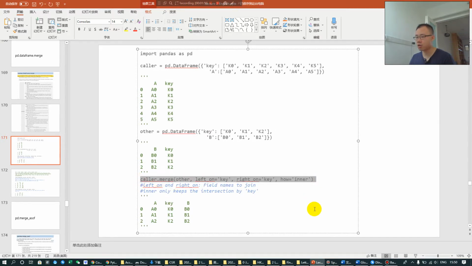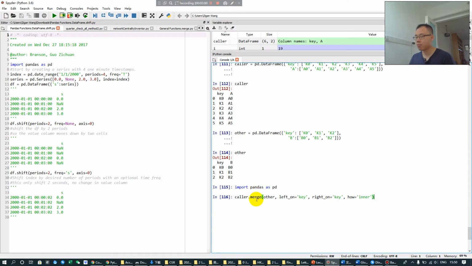So caller.merge says that you want to merge another data frame called other into this caller data frame, and you want to merge these two by the column or variable name key: the key on the caller on the left, and the right data frame's key, also key.